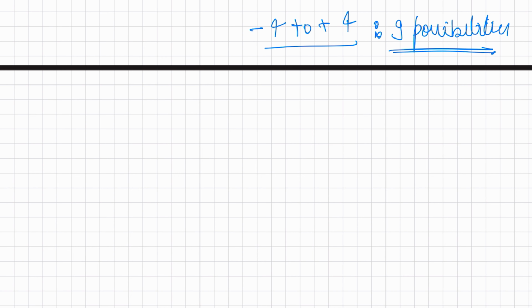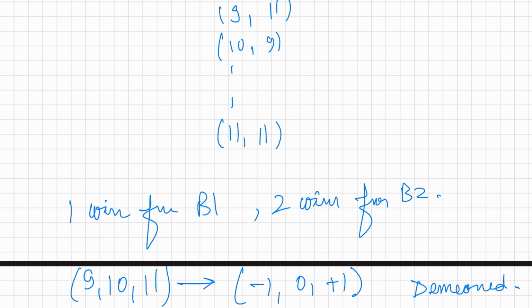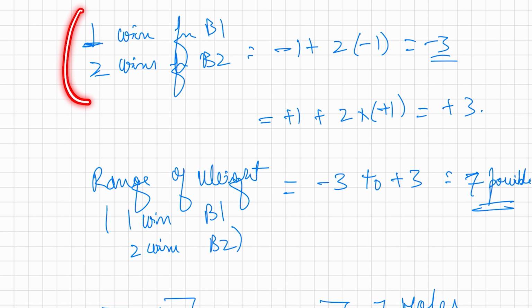So I hope you're understanding this, and if you're not able to follow this, I would encourage you to pause the video and go back to the bag 1 case, where we had 1 coin, and then we went to the 2 bag cases, where we first started with 1 coin from bag 1 and 2 coins from bag 2, like here, right?